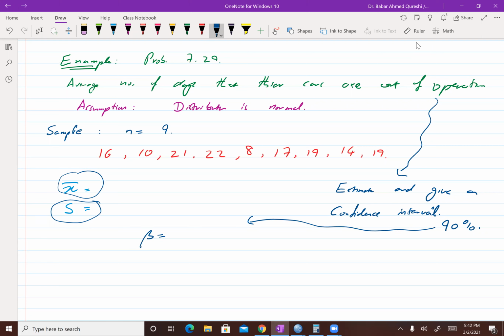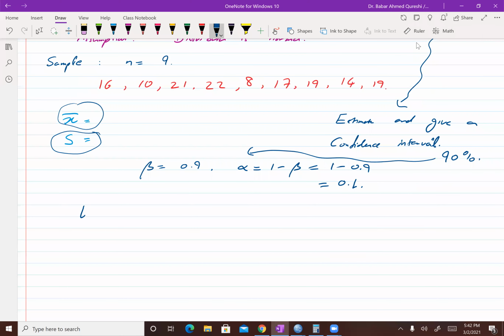That means that beta is 0.9, alpha is then 1 minus beta, it's 1 minus 0.9, it's 0.1. And this t, you have to compute. This t involves this number, n.